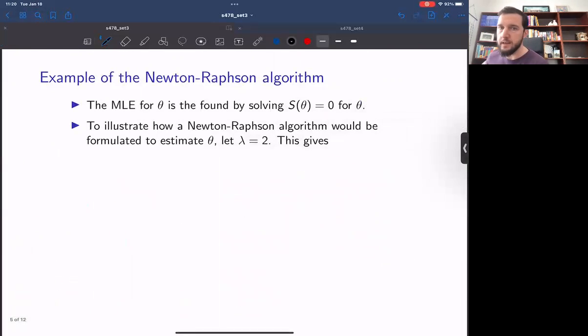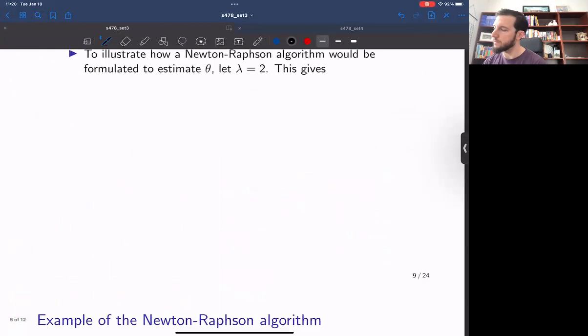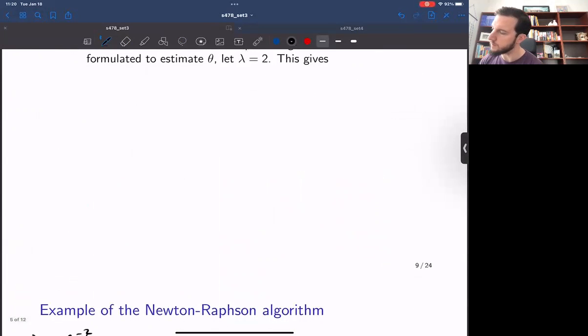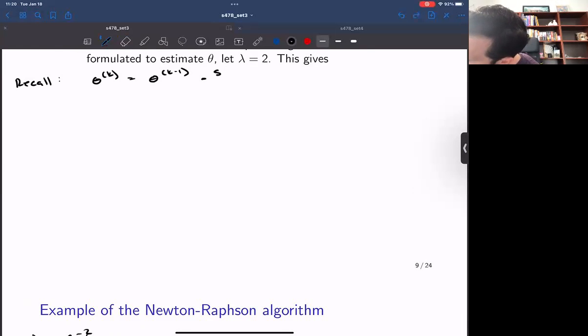So what we're going to do instead is use a Newton-Raphson. We're going to define two Newton-Raphson algorithms for this approach. First off, recall that theta at iteration k is equal to theta at iteration k minus 1, minus the score function evaluated at theta k minus 1, divided by the derivative of the score function evaluated at theta k minus 1.